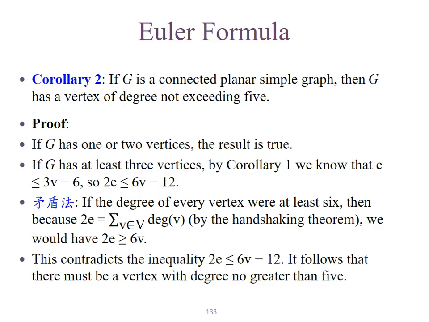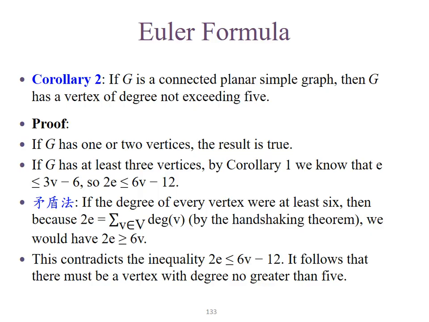Okay, next one, let's see corollary 2. If G is a connected planar simple graph, then G has a vertex of degree not exceeding 5. Okay, so let's see how we prove this. We prove it by contradiction. Assume we have no vertex of degree not exceeding 5.